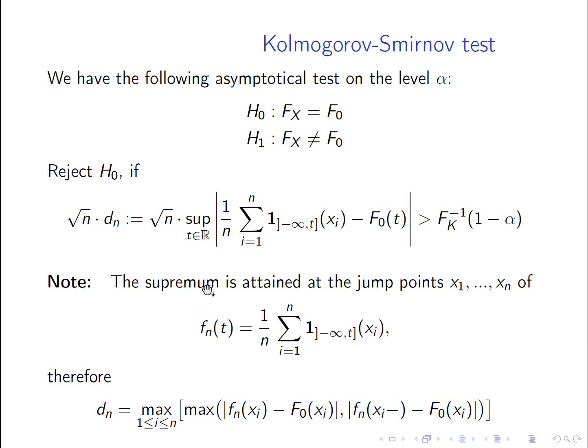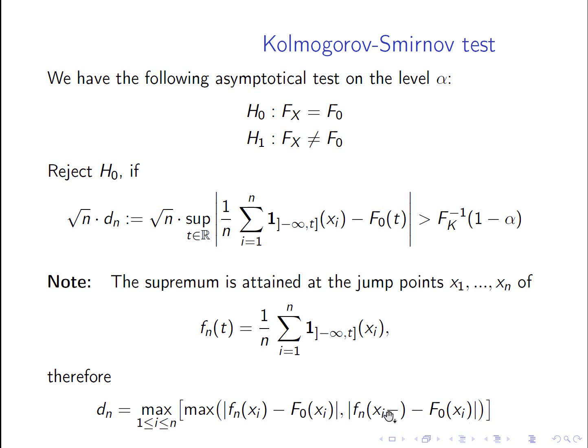Okay, and since the supremum is attained at the jump points, we can rewrite Dn in a slightly different way. So Dn is given as the maximum over the i's of the maximum of the absolute value of Fn(xi) minus F0(xi) and Fn(xi minus) minus F0(xi). What is Fn(xi minus)?